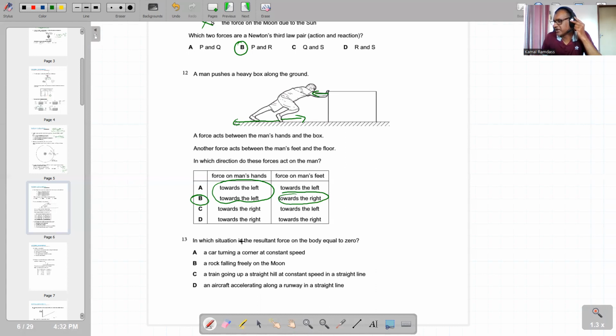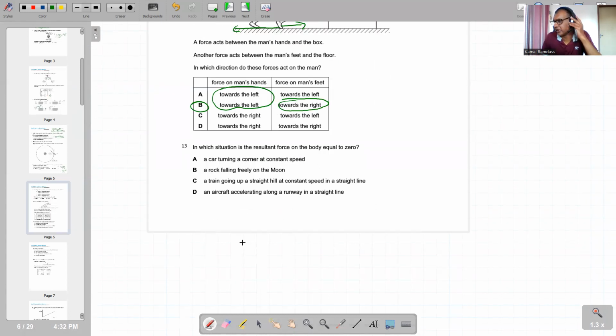In which situation is the resultant force on the body equal to 0? A car turning at a corner at constant speed? No. A rock falling freely on the moon? No. A train going up a straight hill at constant speed in a straight line? Here the resultant force is 0 because it is constant speed in a straight line.